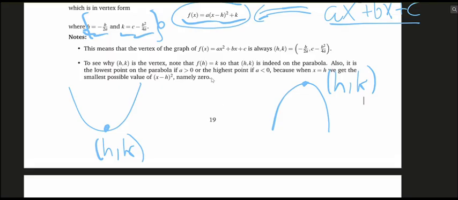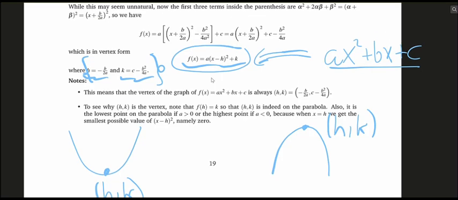The explanation is that when you have x minus h squared, the least this thing can be is actually 0. So when x is equal to h, x minus h squared is going to be equal to 0. So in effect, when this thing is equal to 0, then f of h is going to be equal to k. Good.